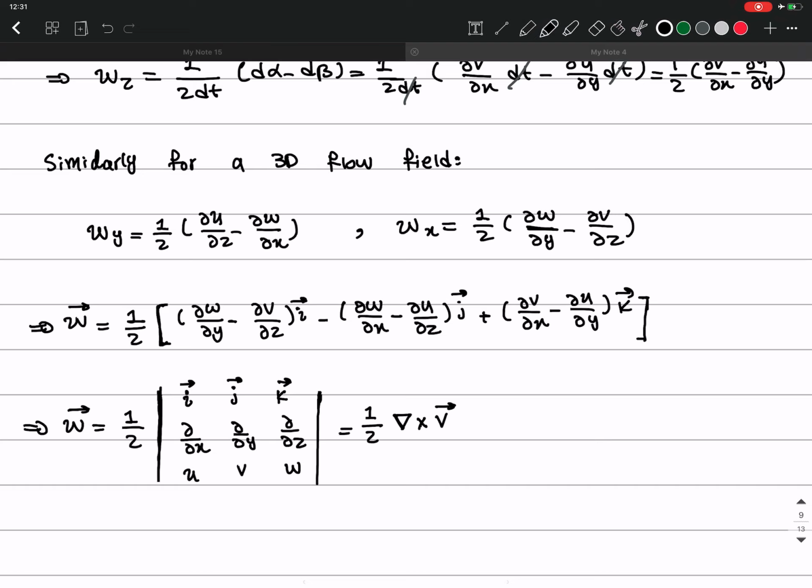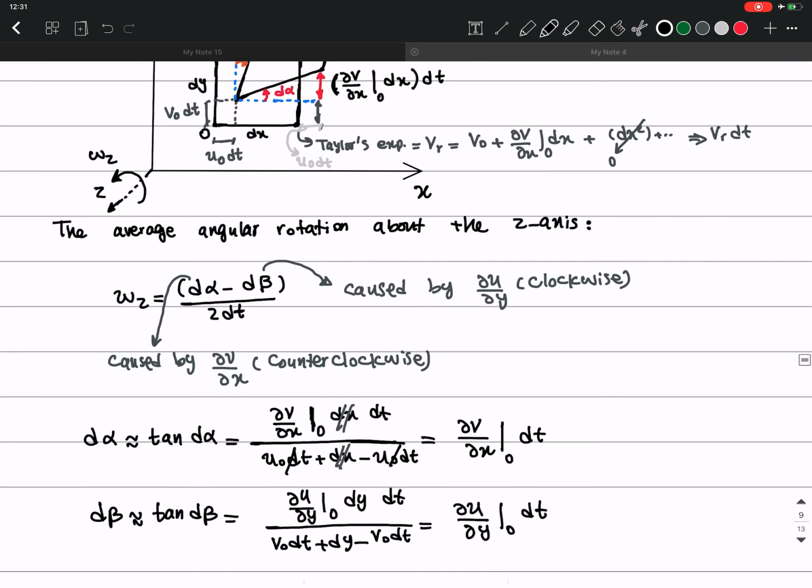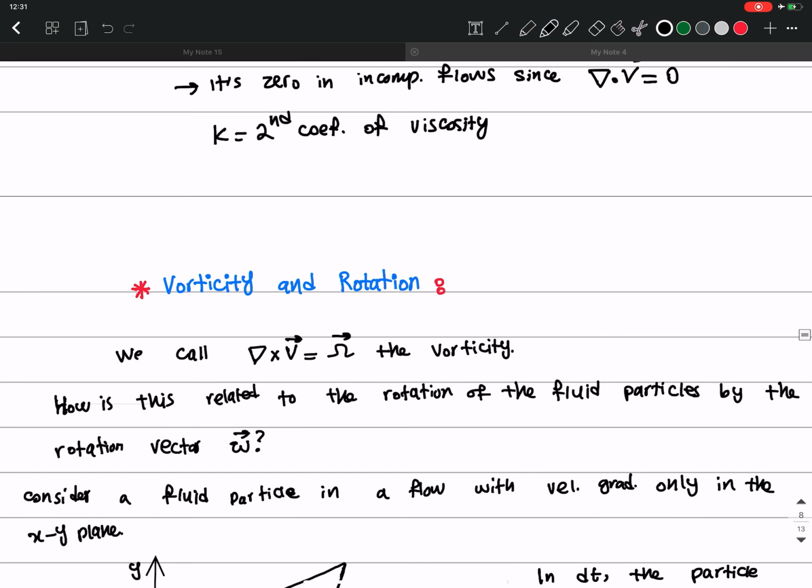This is how we calculate the cross term using the determinant matrix. And what is this? The curl of velocity, or grad cross v. We defined it here.